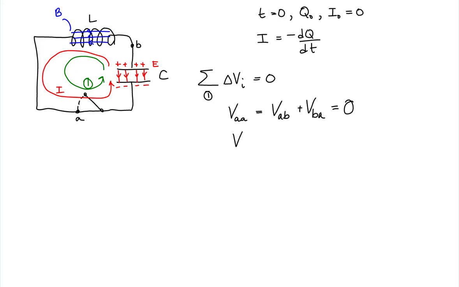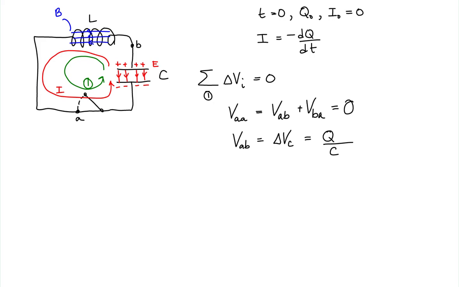Now notice that the potential difference from A to B is just the potential difference across the capacitor. And we know the relationship between voltage, charge, and capacitance. That relationship says the potential difference across the capacitor is equal to the charge on the capacitor's plates divided by the capacitance.